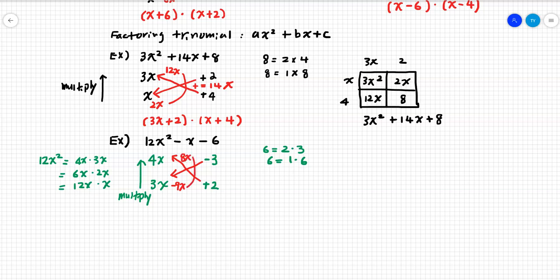Okay, so if I add these two, I get minus x. So the factor form here is going to be 4x minus 3 times 3x plus 2. Now, once you put them into the factor form, if it is not completely factored, then you're going to have to do another factoring.